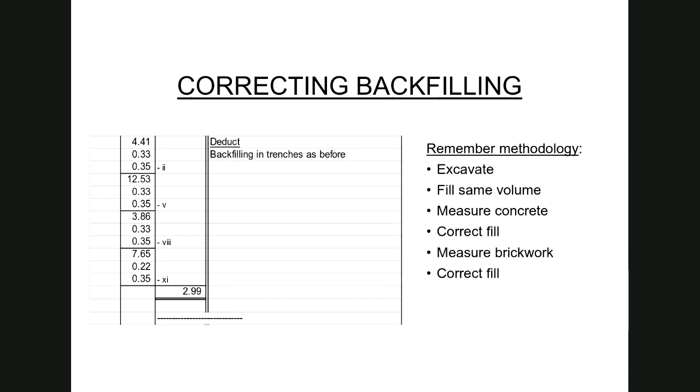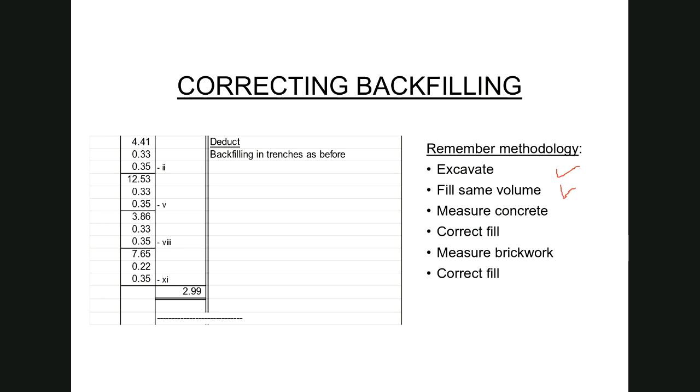Okay, and then for those of you that have forgotten our methodology, let's just resharpen on that again. So for all the examples that you have over here, I've used the methodology as I have it here on the right-hand side, where I have said that we're excavating the volume that we need. Then we backfill the same volume. We know that that is not true.